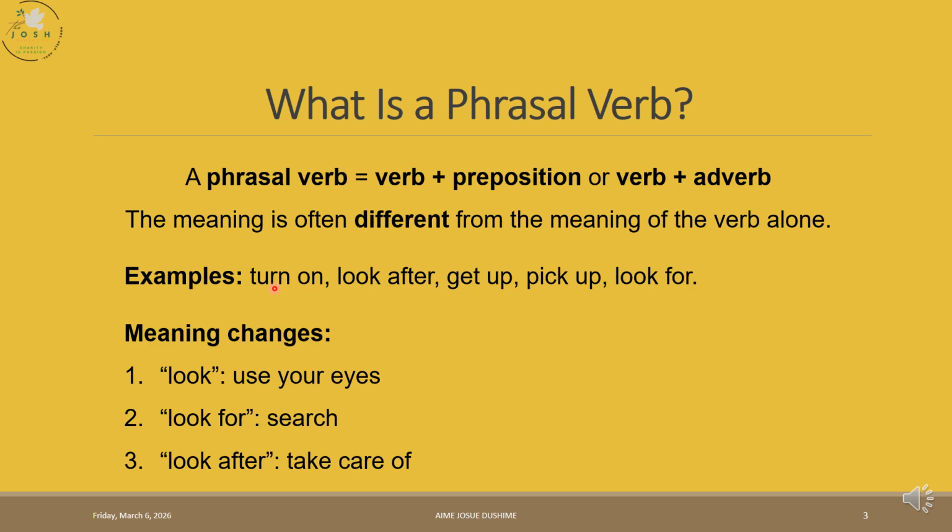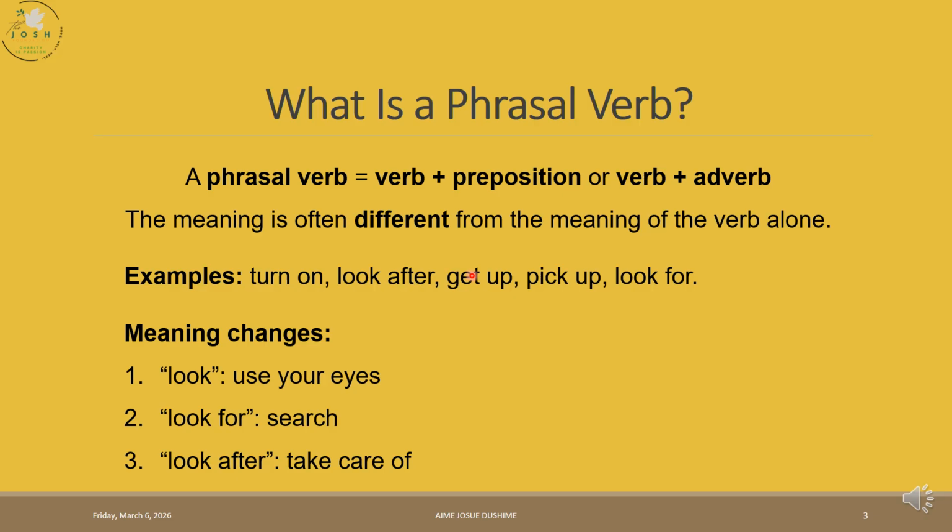You see here we have turn on, look after, get up, pick up, look for. The meaning of look for is different from the meaning of look. Just as simple as that. That's what we call a phrasal verb. When you say look for, the meaning is totally different from the meaning of the verb look.